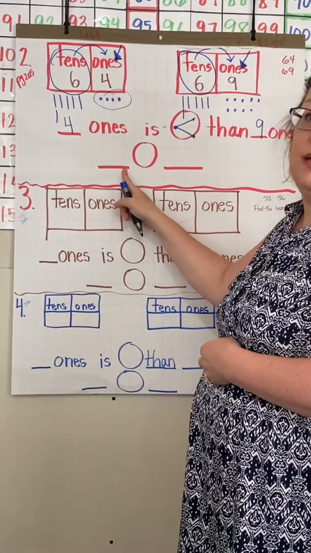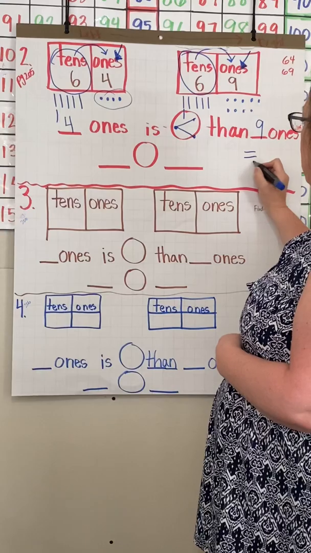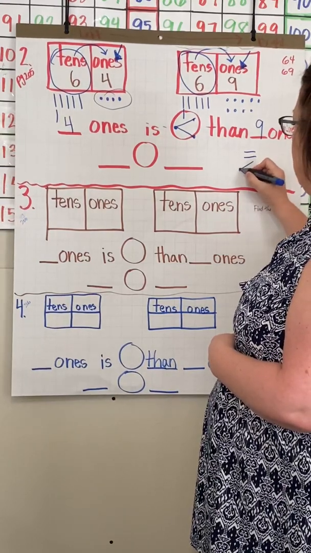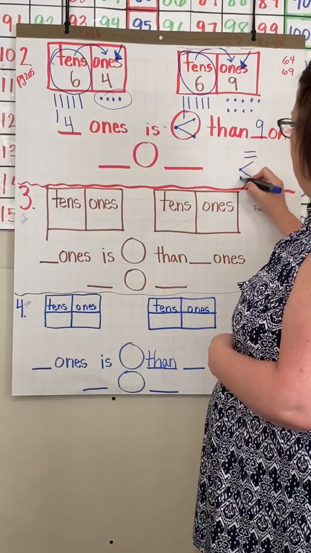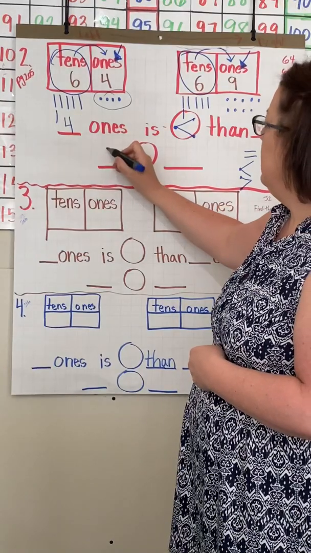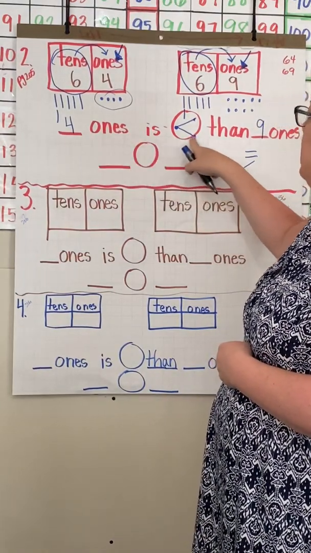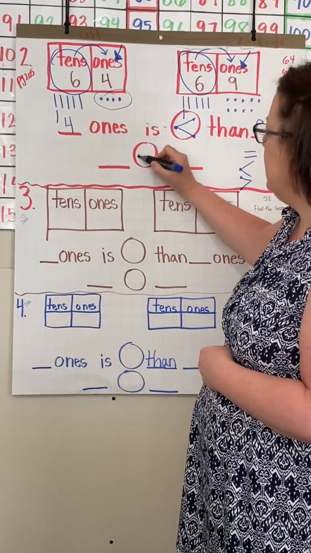Here are my blank lines and my circle to fill in. I'm either going to use equal to, less than with the 1 dot, or greater than with the 2 dots, okay? So 4 ones is less than 9 ones. Now I'm going to write less than again.